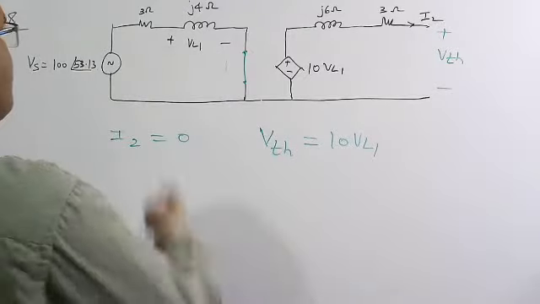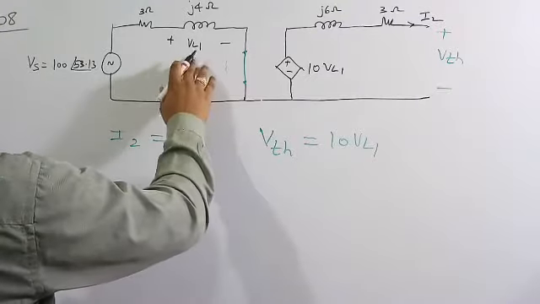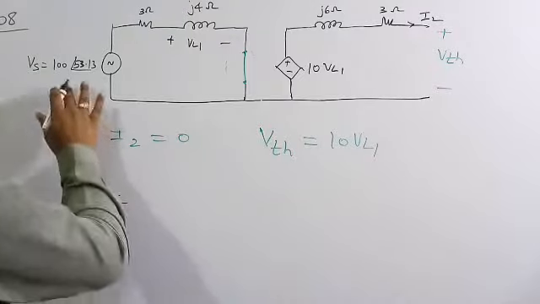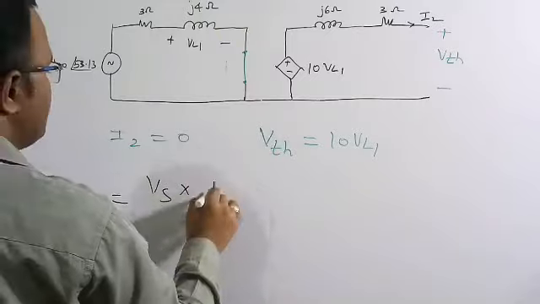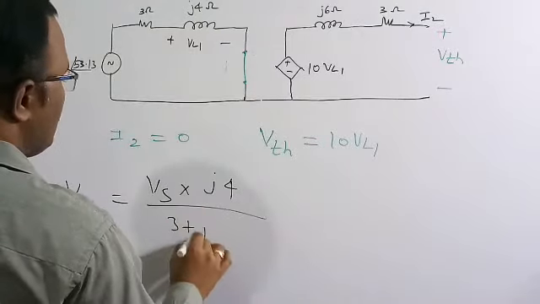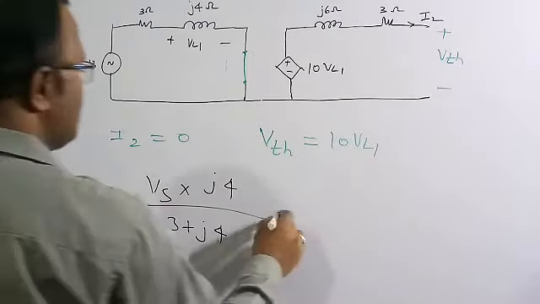So this is a simple RL circuit. By voltage division, VL1 is equal to the supply voltage times the impedance j4, divided by the total impedance 3 plus j4 ohm.